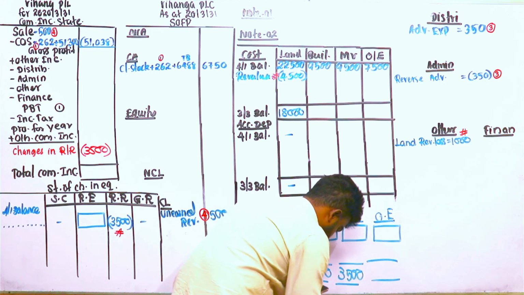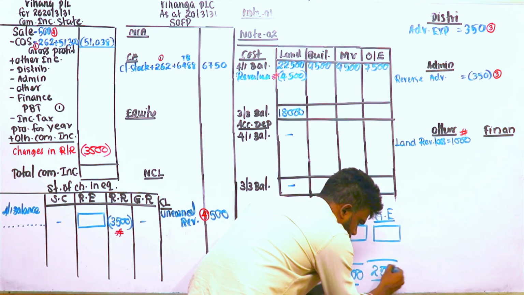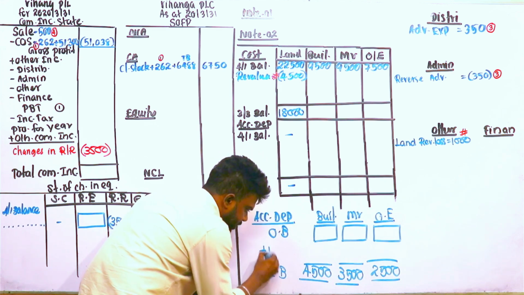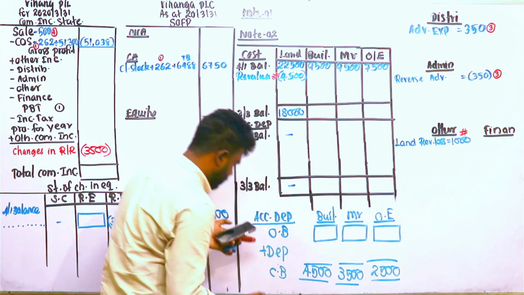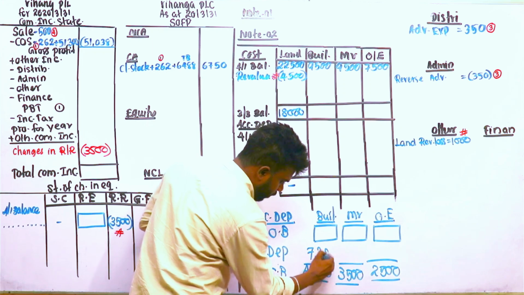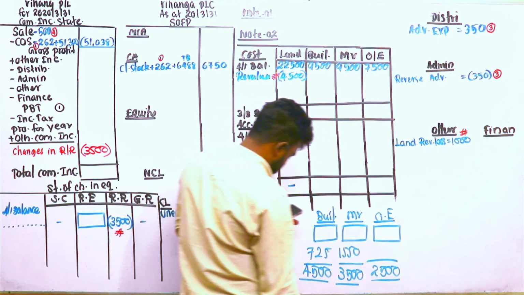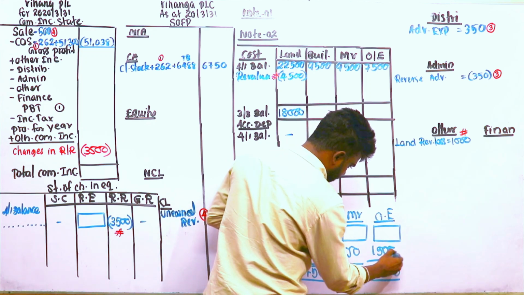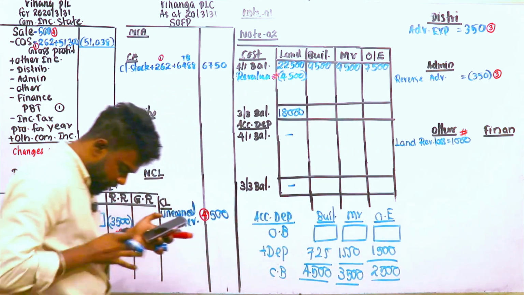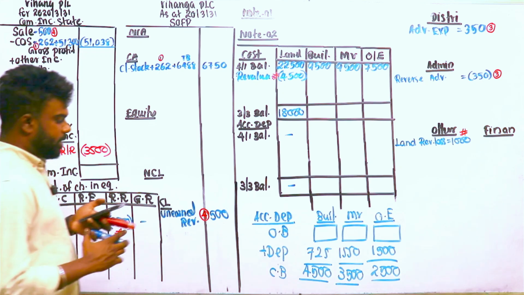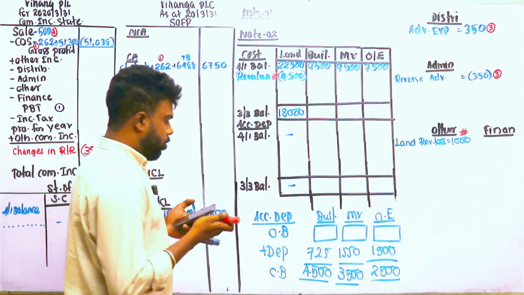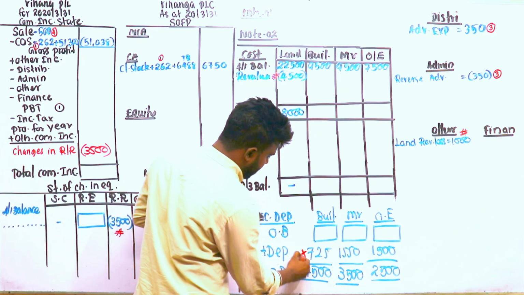3,500, 2,500. So what are the depreciation values calculated during the period? 725, 1,550, 1,500. So reverse and identify the opening balance first, because the question says the depreciation for motor vehicle and buildings is incorrect.